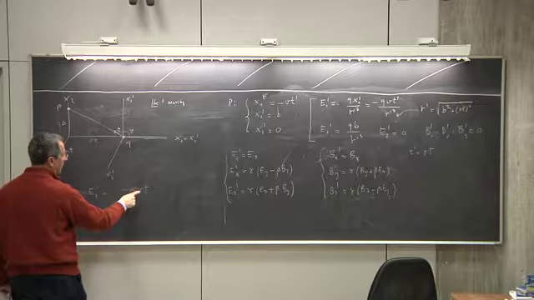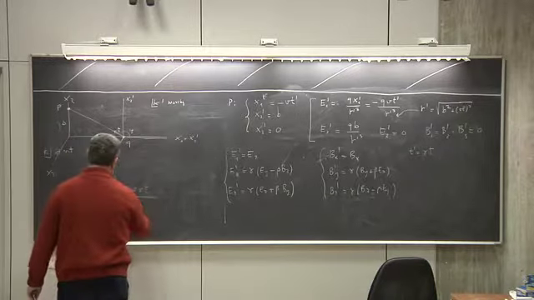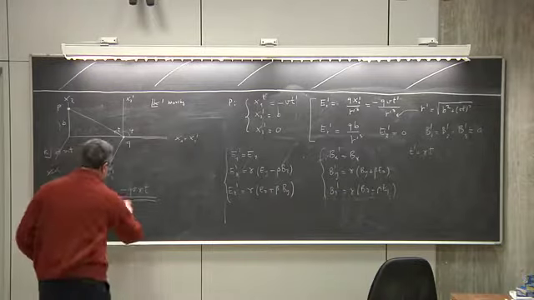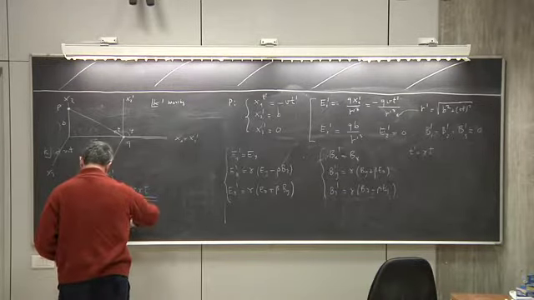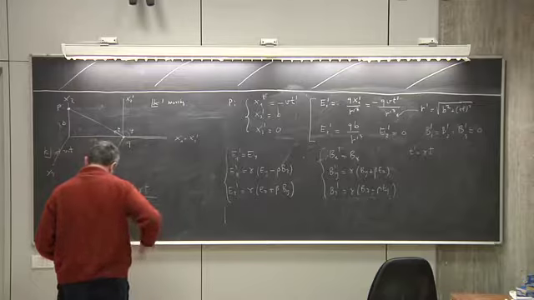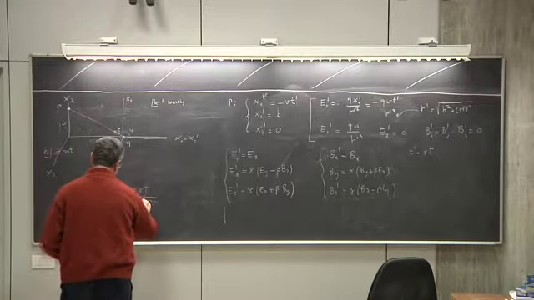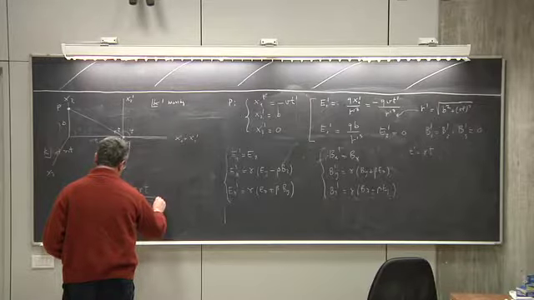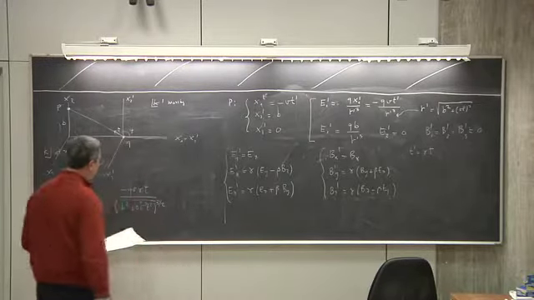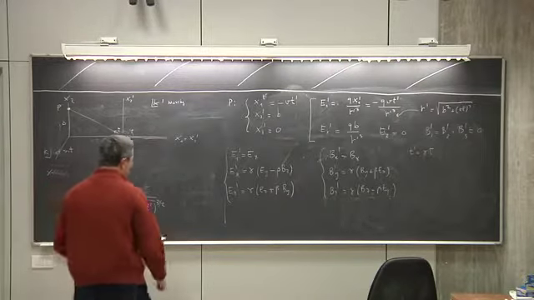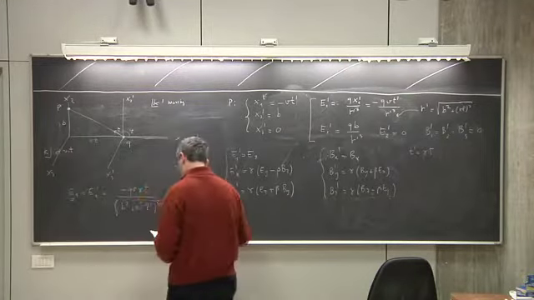So minus Q V gamma t, and then downstairs I rewrite this R, but it's a cube, so I write it like this: B square plus gamma square V square t square, to the 3/2. And similarly, I go on.